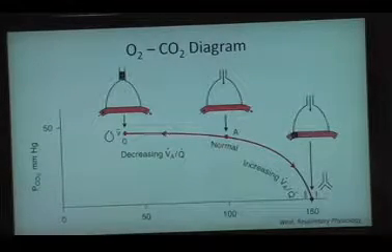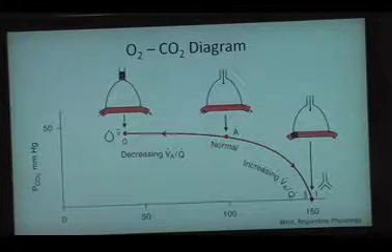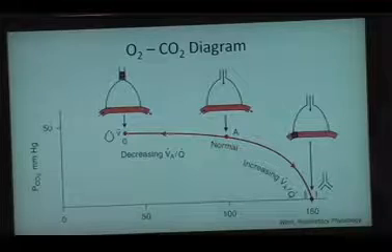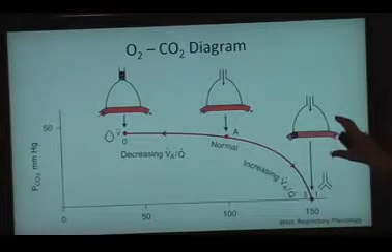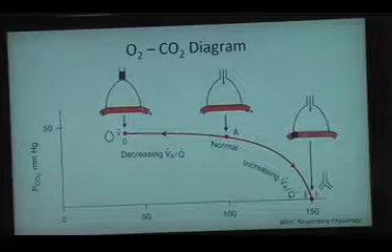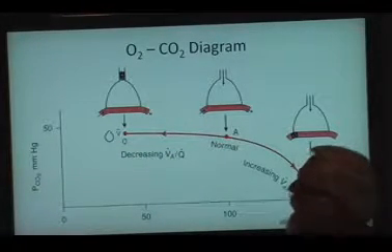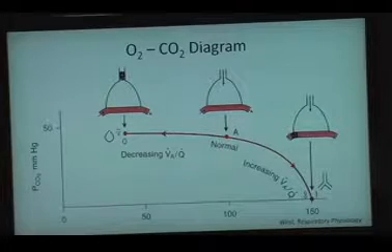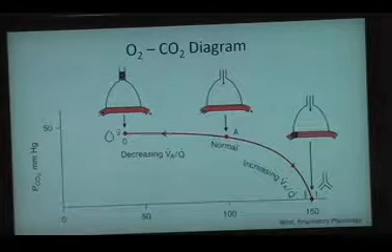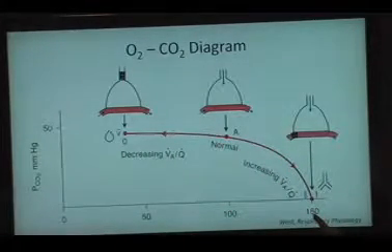Now, as it turns out, there is something called the PO2 PCO2 diagram, which is illustrated here. The meaning of this is that if you're breathing room air with a normal mixed venous blood gas, the PO2 and the PCO2 of every alveolus in the lung has to fall somewhere along this line.